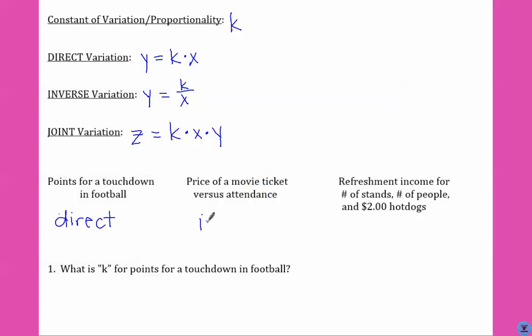So therefore, this is inverse variation. Then the refreshment income for the number of stands and the number of people and $2 hot dogs. Well, you would multiply the number of stands times the number of people at each stand times the $2 hot dog, so that would be a joint variation.